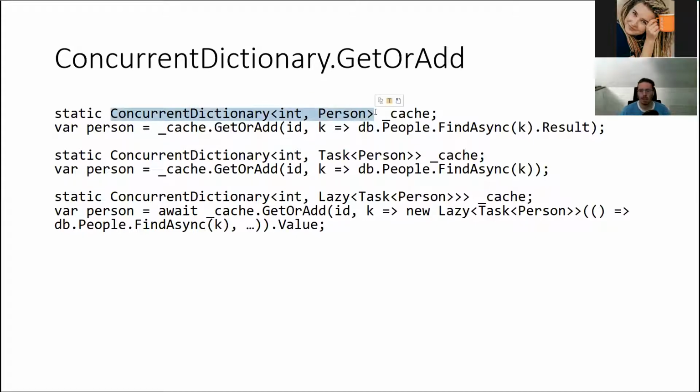So let's imagine it's reading it from the database by ID, and I want to cache this object from the database so I don't have to get into the database with every request. So let's say I'm using Entity Framework, so I will call db.People.FindAsync with the key, which will be the ID, and because I need to have something to put into the cache, I will call Result.